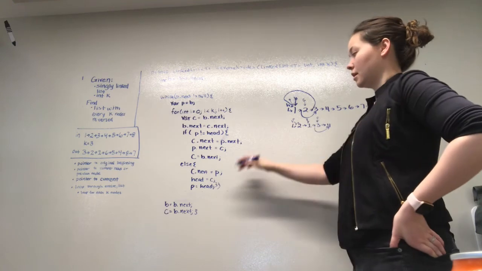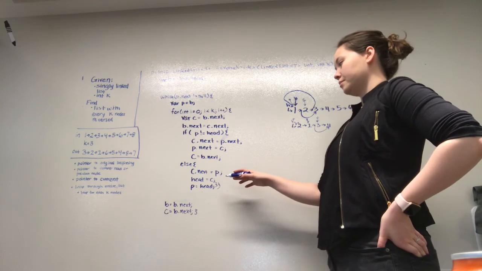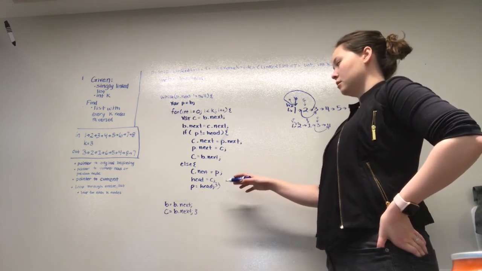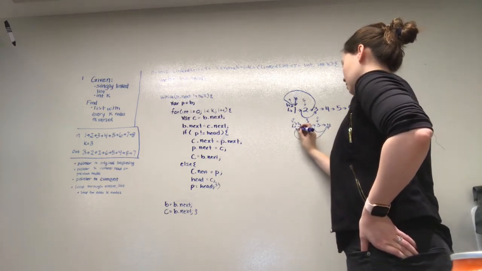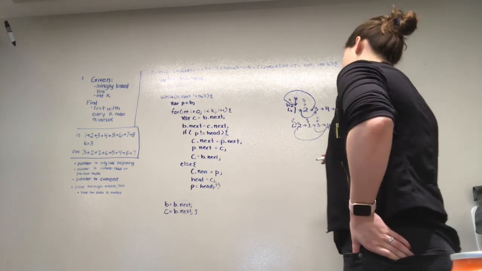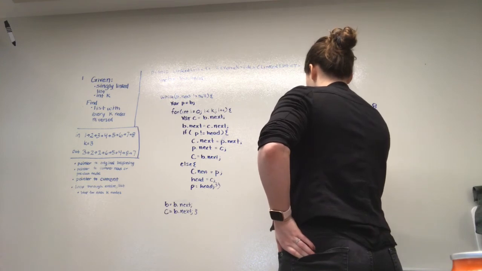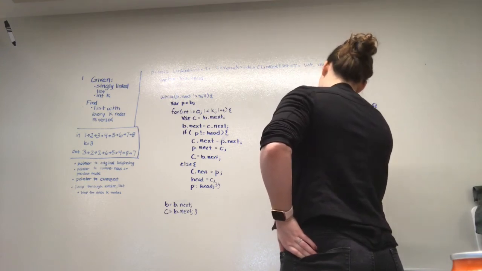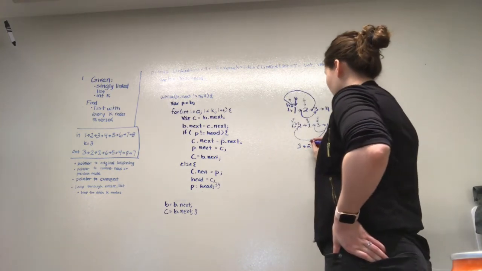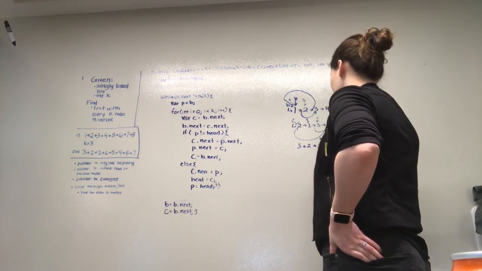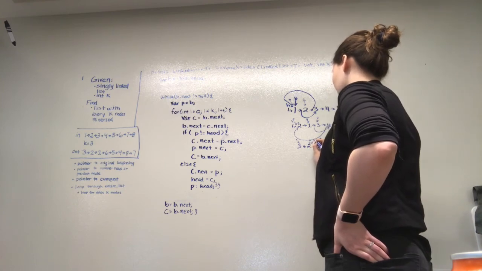Now, since P is at the head, we're going to go to this else, so c dot next will be P, and then our head will be equal to c. So now we have 3, 2, 1, dot dot dot, where B is here, C is here, P and head are here.